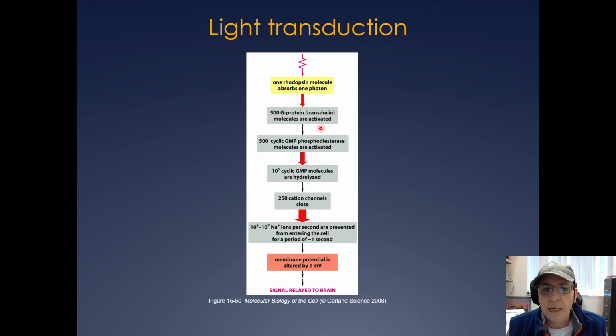Okay, and those 500 G-proteins that are activated will then activate guanylyl cyclase, and 500 cyclic GMP molecules are activated, and those GMP molecules are hydrolyzed, and they cause the cations to close, and ultimately what you get is sodium ions are prevented from entering the cell for a short period of time, and then there's a change in the membrane potential and the signal is relayed to the brain.